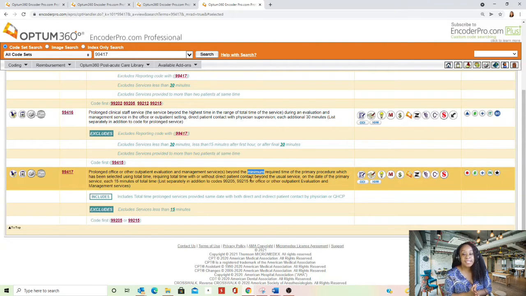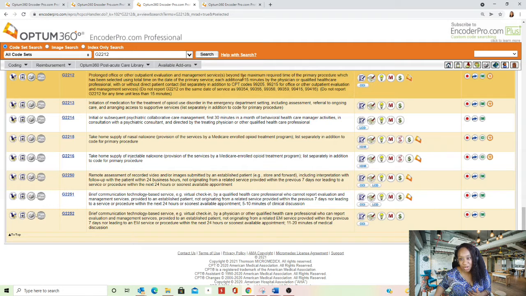Well, when they decided to add the code for prolonged service and decide when it was appropriate to use it, it was CPT's intention that once you got to the 15-minute mark beyond the 40 minutes, or the 55th minute, you would be able to report the 99417. CMS came in and said, no, no, no, no, no. Since that includes a range of time, we think it should be beyond the maximum time.